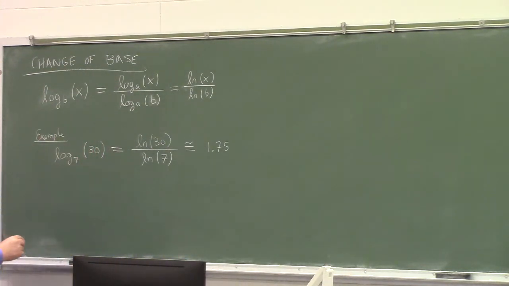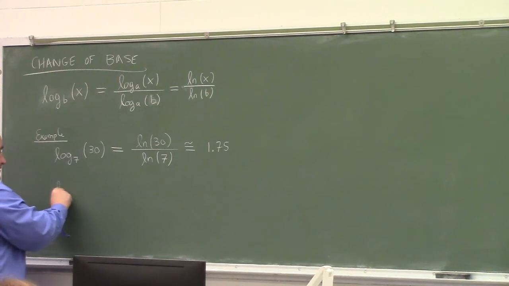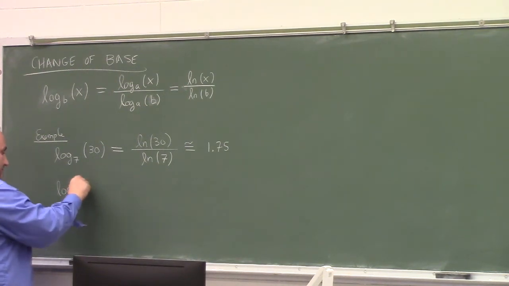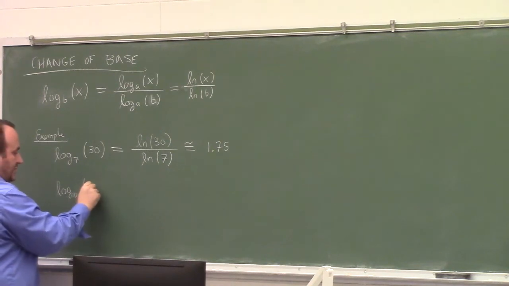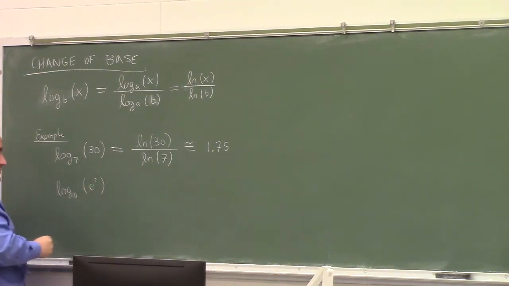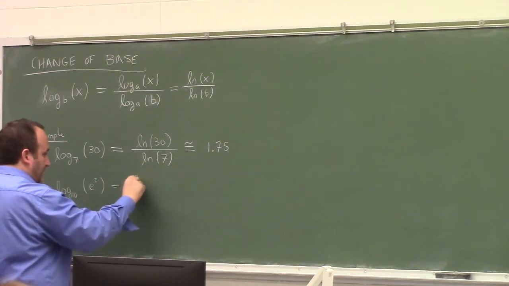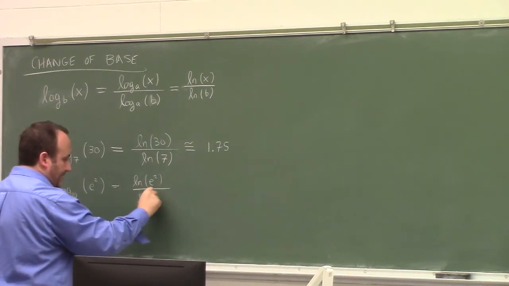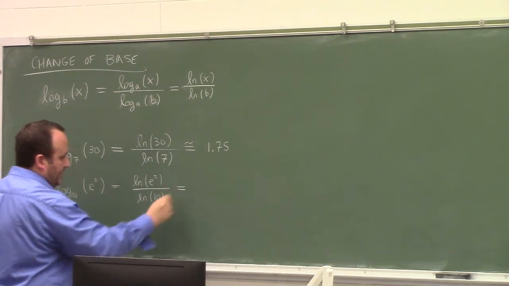Okay, here's another one. Suppose we wanted to calculate log base 10 of e squared. Then that would be the natural log of e squared divided by the natural log of 10. Now that I can simplify.